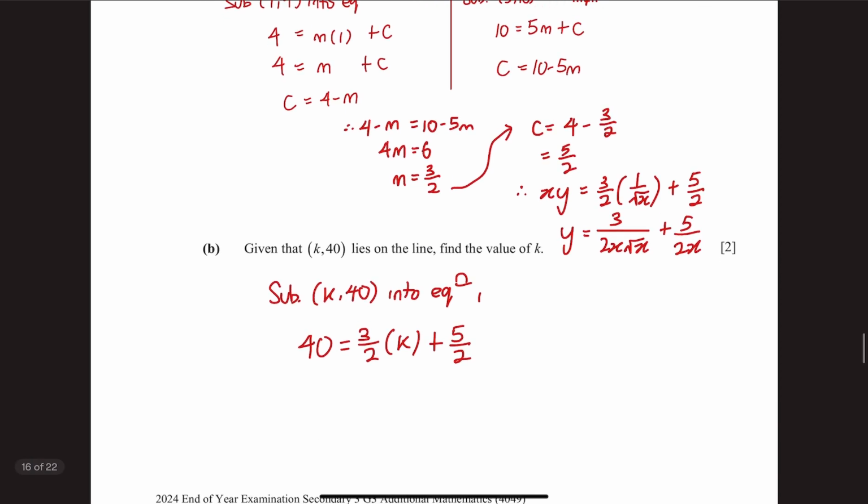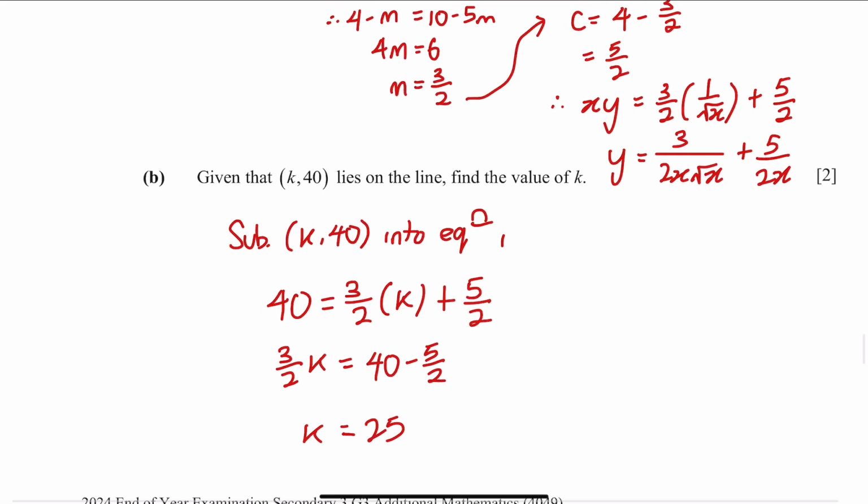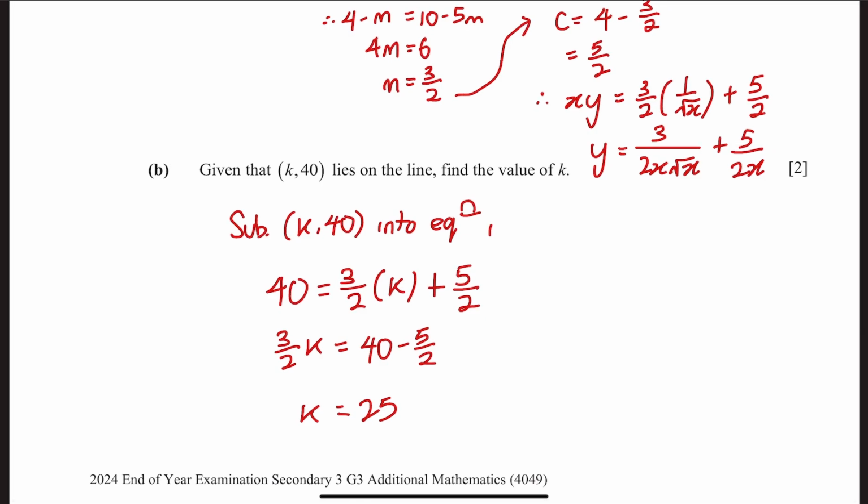So 3 over 2 k is equal to 40 minus 5 over 2. Therefore, k is equal to 40 minus 5 over 2, divided by 3 over 2. Your answer will be 25. This is your answer for question 11 part B.